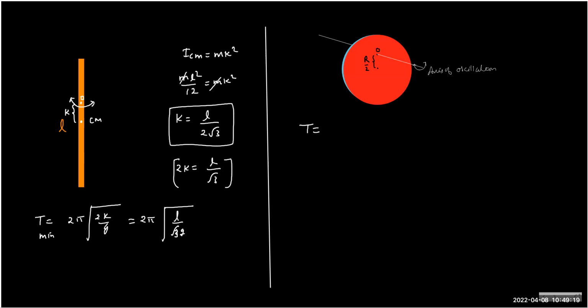The radius is capital R, and it's a disk.